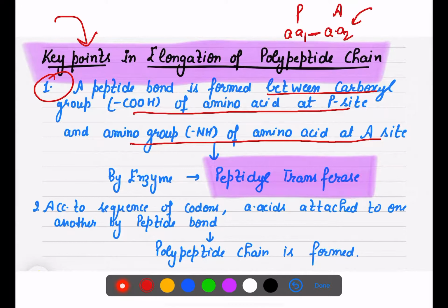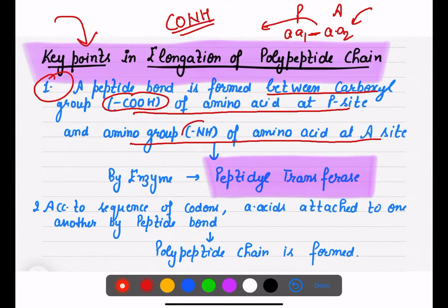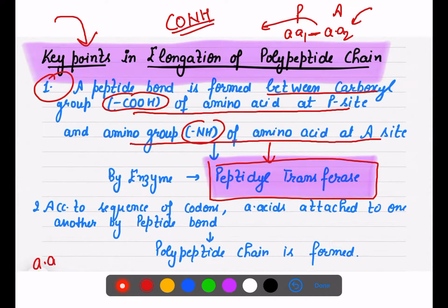This peptide bond, CONH, is formed between the carboxyl group and amino group with the help of the enzyme called peptidyl transferase. The bond formed between two amino acids is catalyzed by that enzyme.